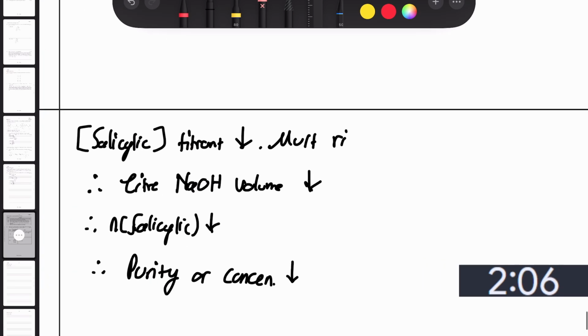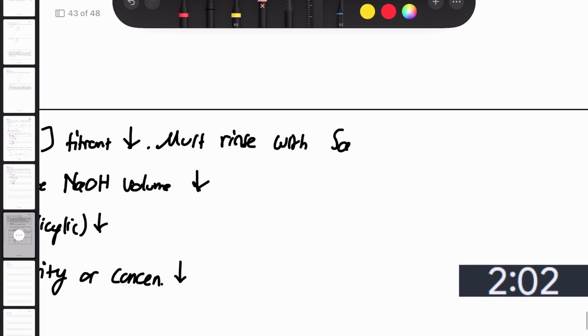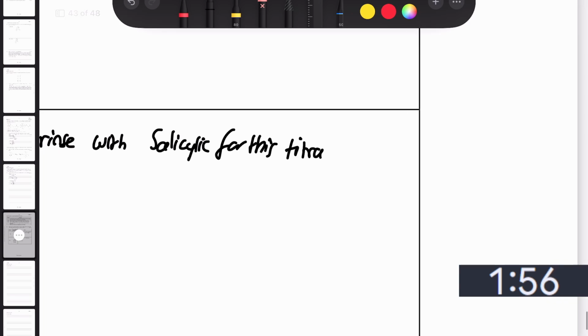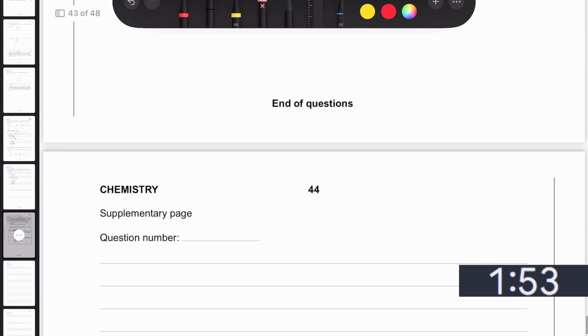You must rinse with salicylic for this titration. Wow, I've never cut it this close before.